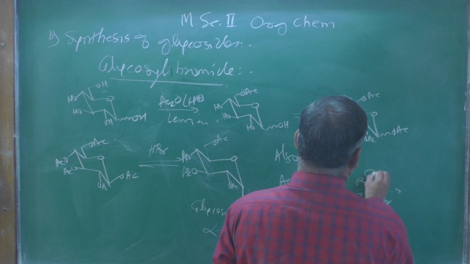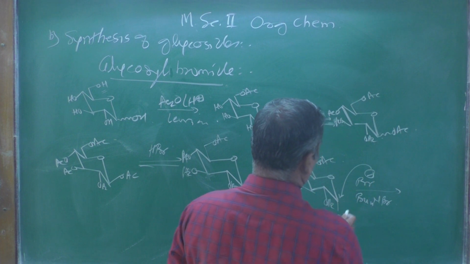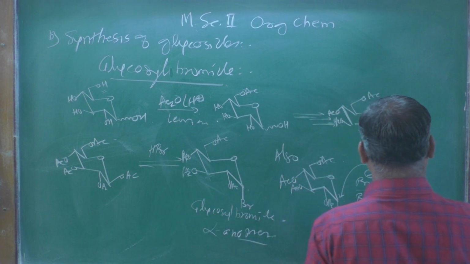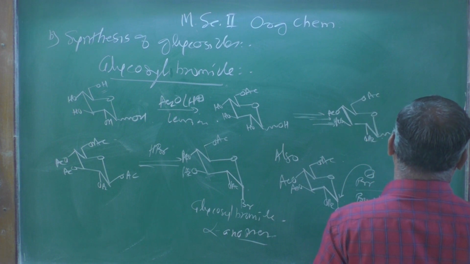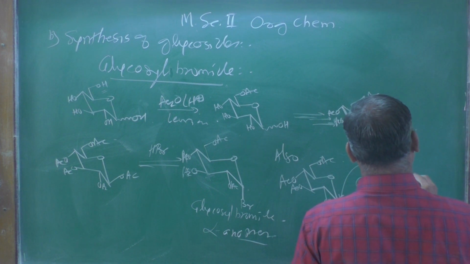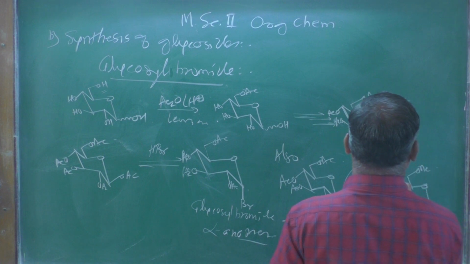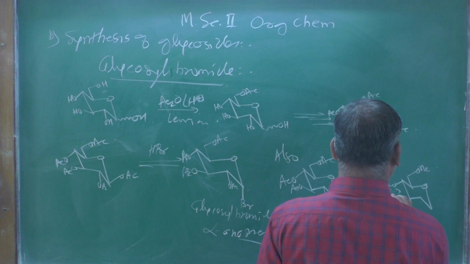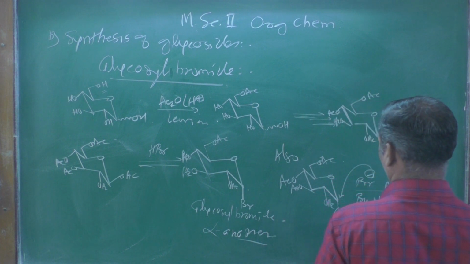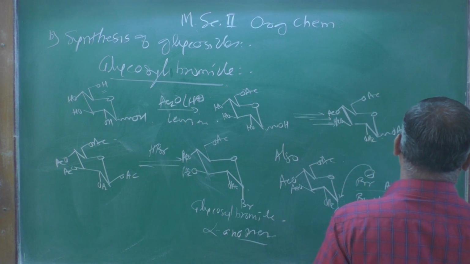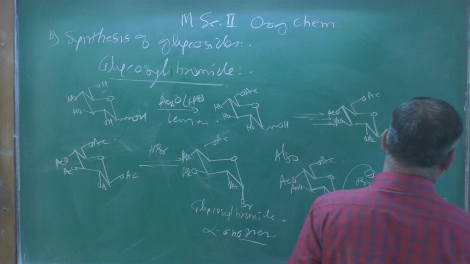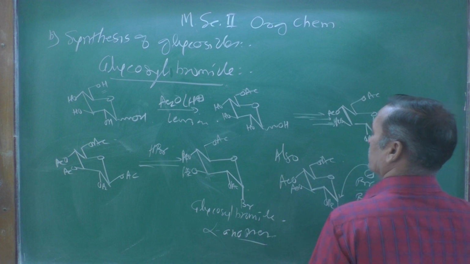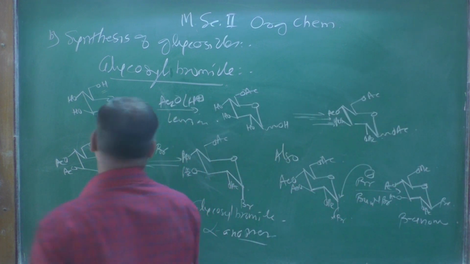Then this Br minus is going to attack on this side and this departs, so that you may get over here this type of beta anomer. We can easily convert it into a beta anomer. The other groups are lying at the equilibrium position, and this is the beta anomer of that glycosyl bromide.